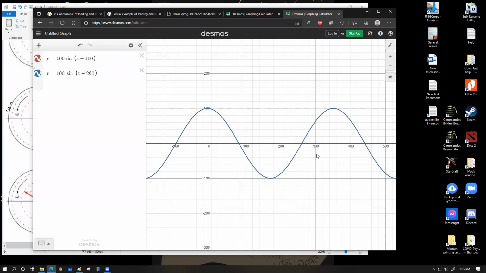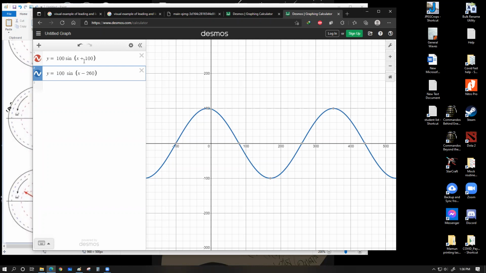You see, there is no existence of two different graphs because they're overlapping onto each other. If I select this one, you're going to see the red one. If I select the blue one, you're going to see the blue one, because they are the exact same graph. The point that I'm trying to make is that any graph which is leading by 100° can also be said to be lagging by 260°.